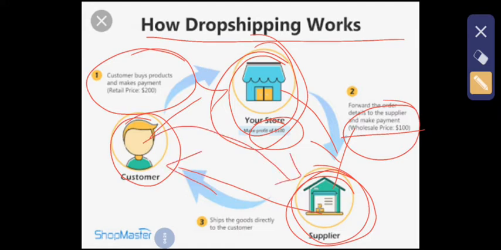So this process is nothing but drop shipping. If they ask for 2 marks, just write down this, and also with the pictorial presentation. It is just a simple concept.